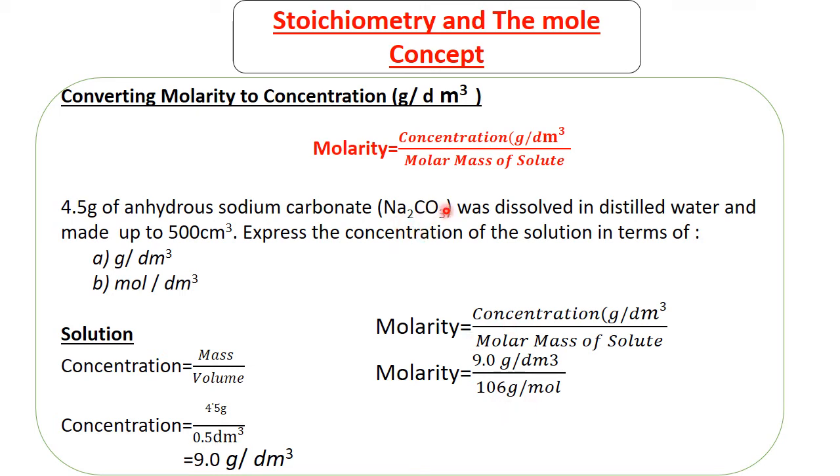For those who still can't figure out how this number comes about, you get the mass number of sodium, multiply it by 2, then add the mass number of carbon, then add the mass number of oxygen multiplied by 3. So it's 2 times mass number of sodium plus the mass number of carbon plus 3 times mass number of oxygen. Once you have that, you can get your molarity as 0.085 moles per decimeter cubed.